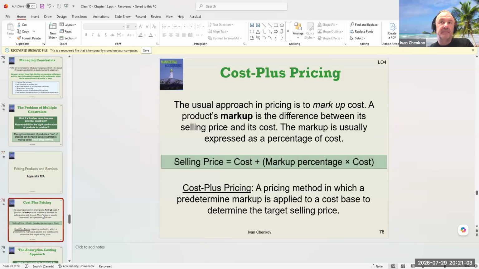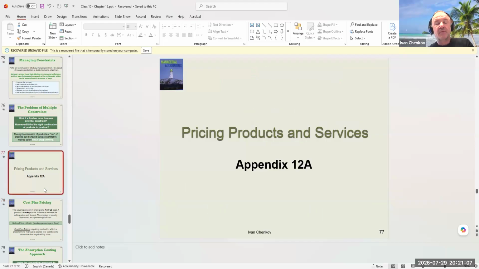Now, costs and how we're going to price our products will be a subject discussed by the teacher with whom you're going to take the intermediate managerial accounting. In intermediate managerial accounting, you're going to discuss the different strategies to price the products and the services.